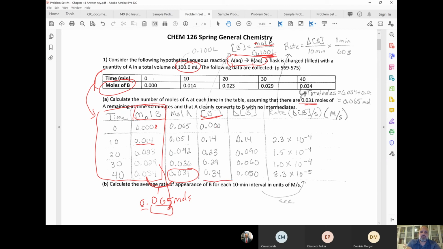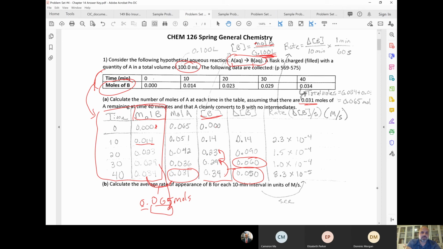Now that we know the concentrations, to get the change in concentration all we have to do is subtract, right? We take 0.34, subtract 0.29, and that gives us 0.05. Then 0.29 subtract 0.23, and you can see we end up with 0.06, and then keep going down the line.